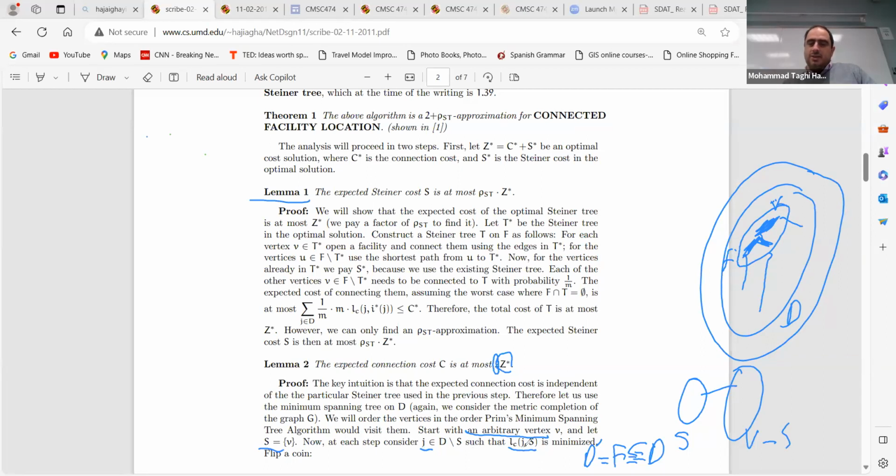Actually, this one I need to change. This would be not L_J of S, but L_J of B, where B is a subset of S, which I will talk about.